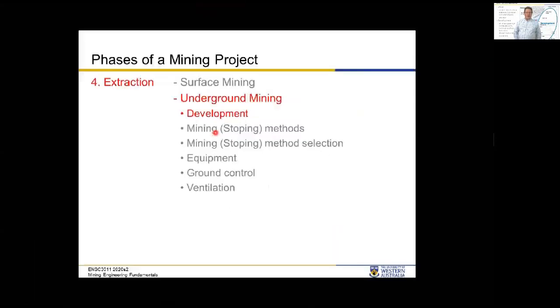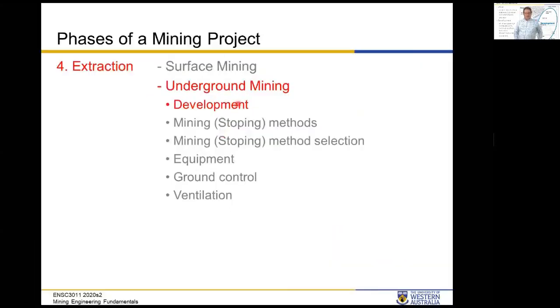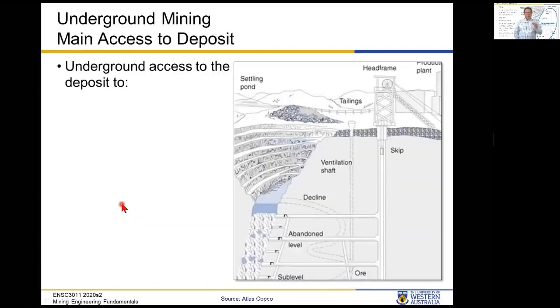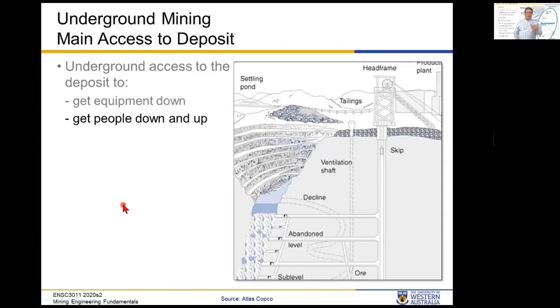So let's look at the first one of those, development. So these are the tunnels. I'm not going to really talk about vertical shafts in this section, but all near horizontal tunnels, including the decline at 9.7 at the most. So they are providing underground access to the deposit to get equipment down there, get people down there and up, and get the ore up.